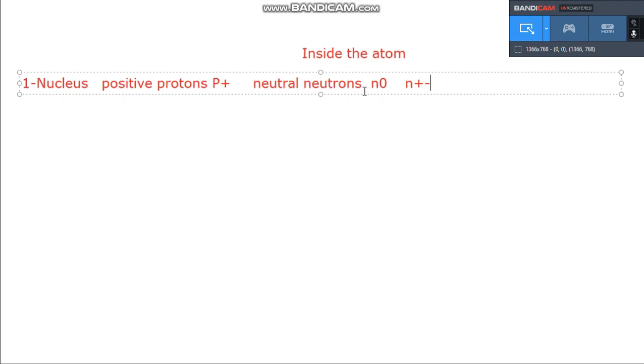The charge of protons is positive, and the charge of neutrons is neutral.